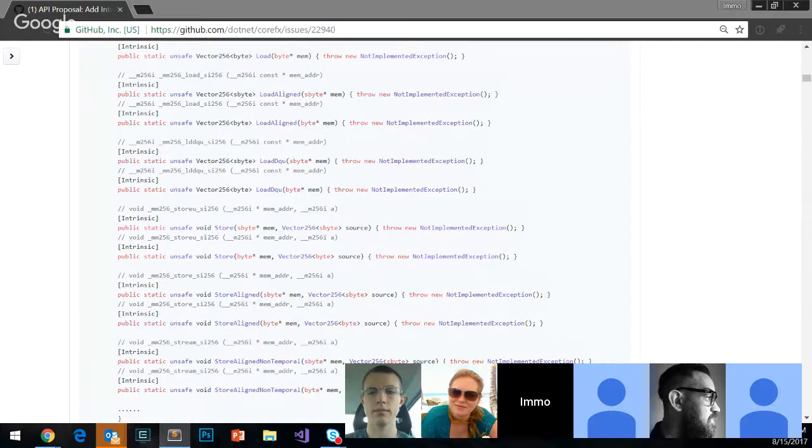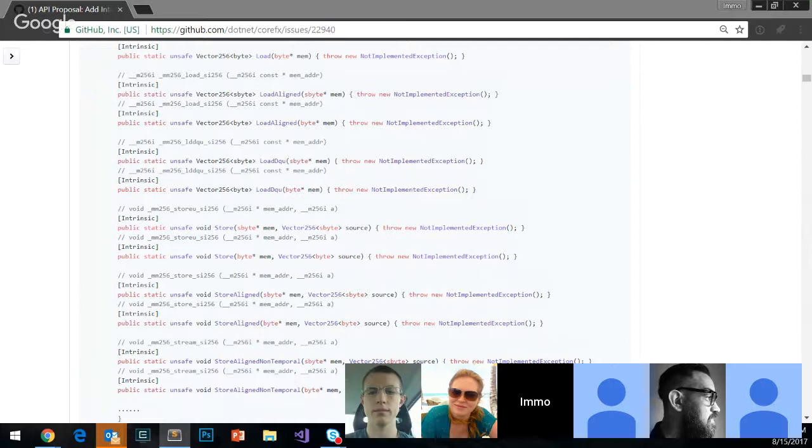And we had the same question about load. Would it be clearer to say load aligned or unaligned instead of just load? That's what we were tending toward earlier, being more specific about load.